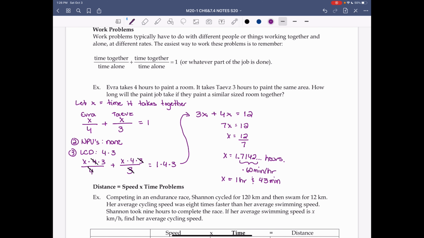Then we can write a statement. Since this is a word problem, it will take them 1 hour and 43 minutes to paint the room together.